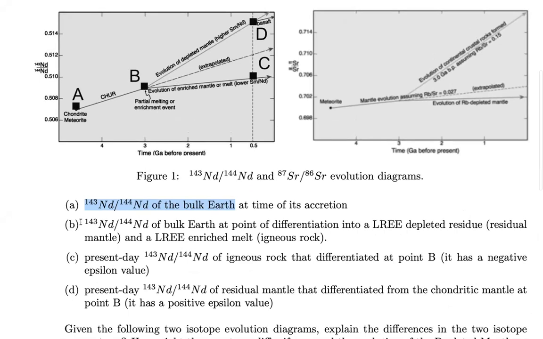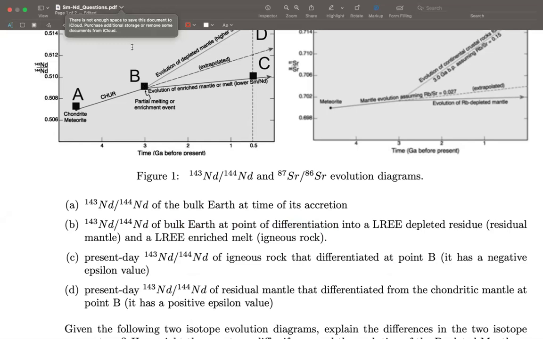Now point B represents the neodymium composition of the bulk earth at the point of differentiation. From A to B there is no differentiation, because it is just the primordial composition. This is the initial primordial composition, and then you can see the evolution here. It evolved until approximately 3 Ga, right?